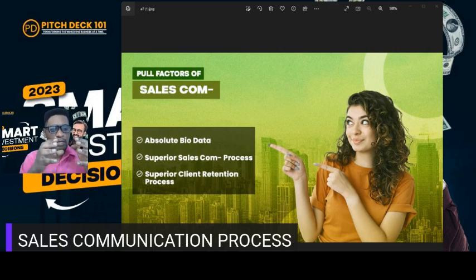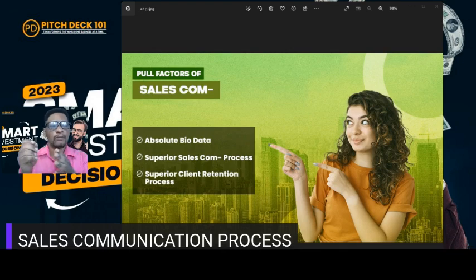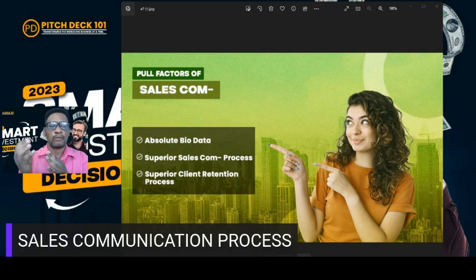So this superior sales communication process exposes you to this body of knowledge that enables you to stand out in the sales communication process. But what I've just explained to you only represents the sales process. How about the communication process? This superior sales communication process also takes into consideration the other side of the coin, the communication process.